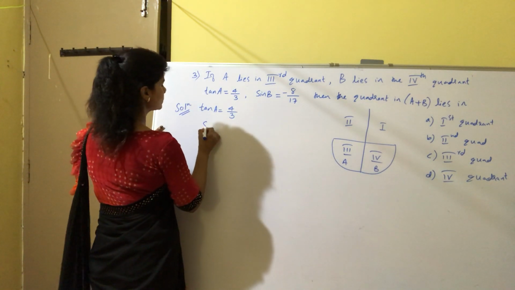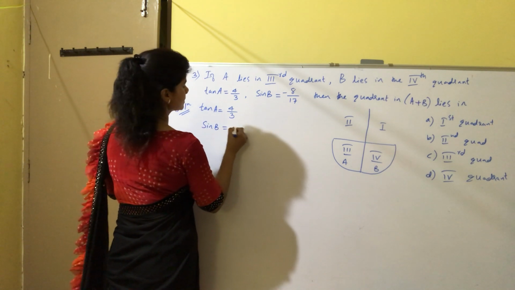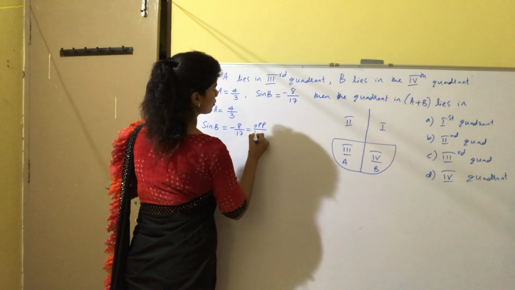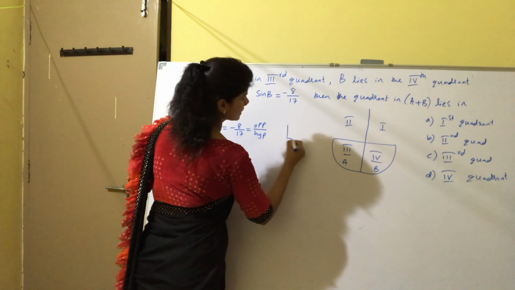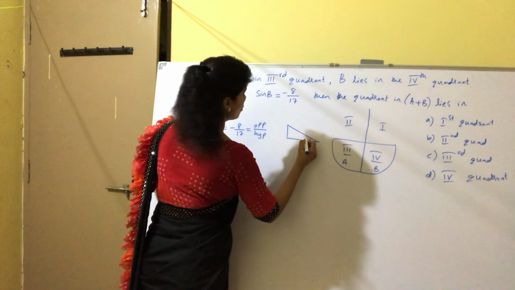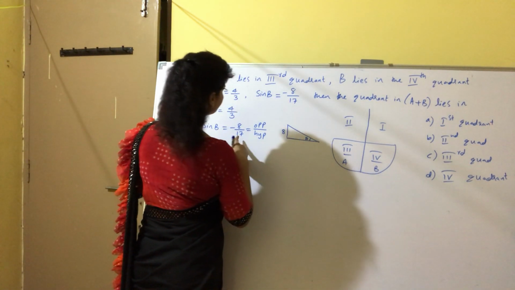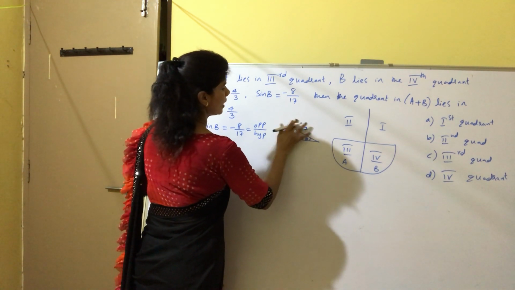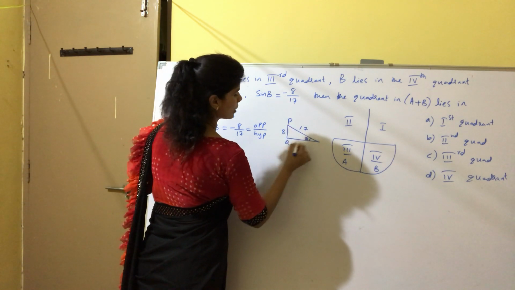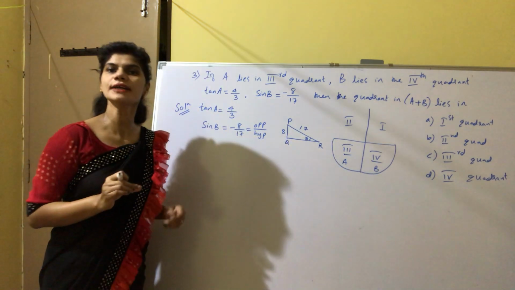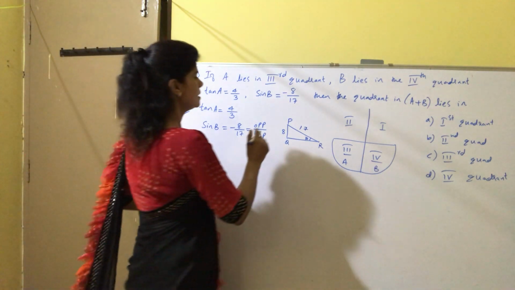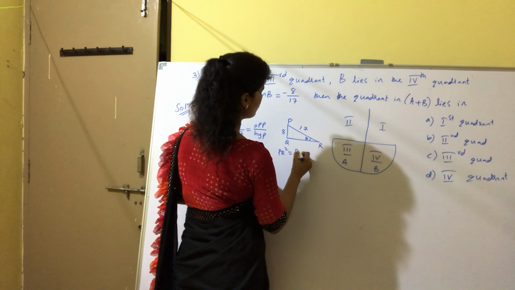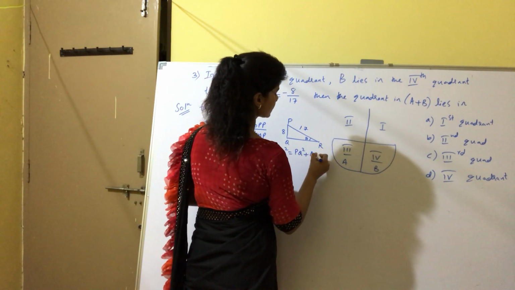And now sine B is given as minus 8 by 17, which is opposite by hypotenuse. So draw a right angled triangle where opposite is 8 units, hypotenuse is 17 units. Find the other side, QR, by using Pythagoras theorem. Square of the hypotenuse is equal to the sum of the squares of the other two sides.